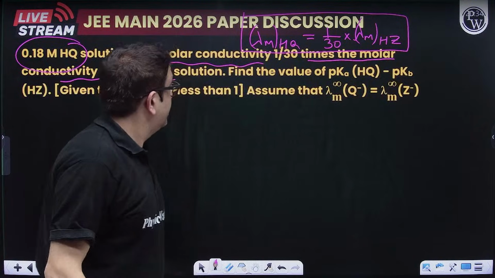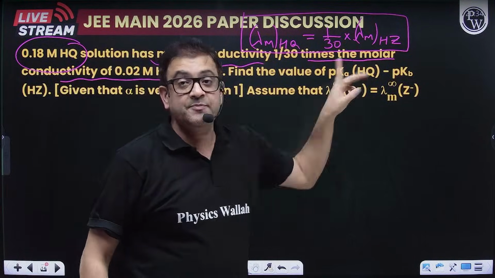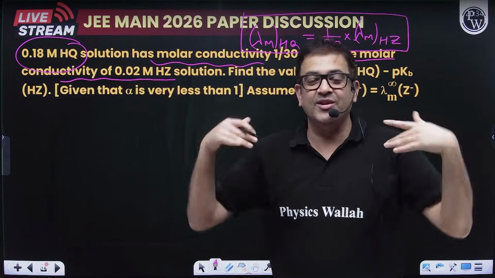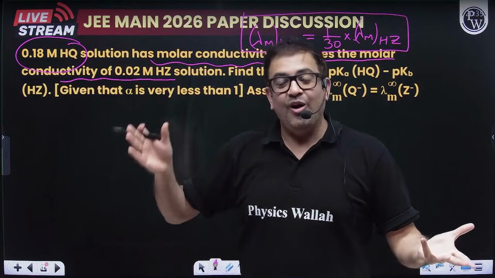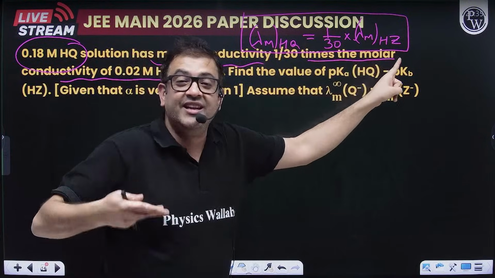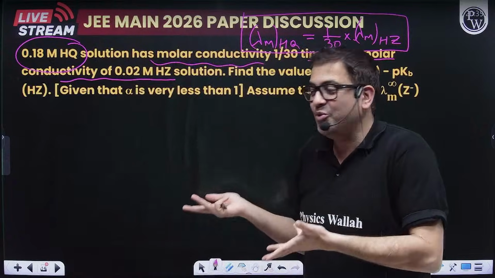Now find the value of pKa of HQ minus pKb of HZ. It should not say pKb, but because they are saying so, K is the dissociation constant. Although HQ and HZ both have H plus, so both will be acids, because the question is asking, we have to go by the question.